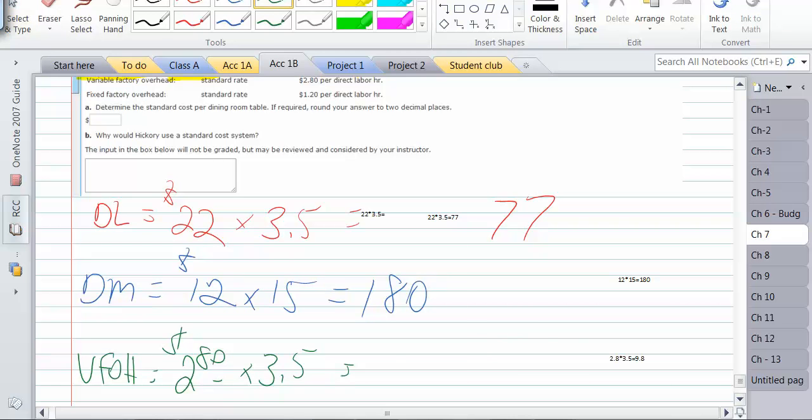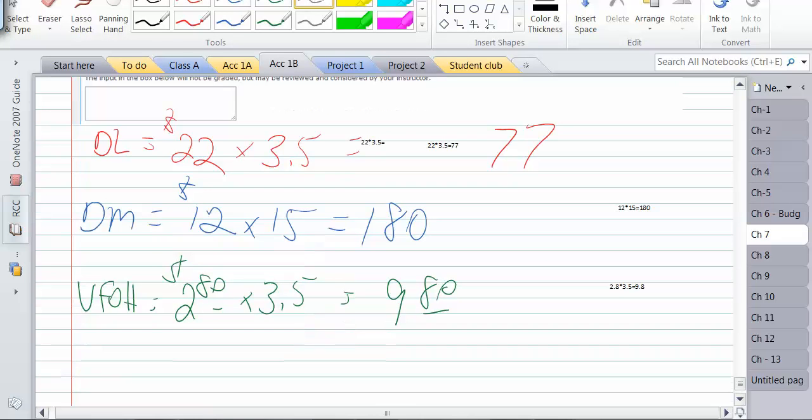That equals $9.80. And our fixed factory overhead is $1.20 per direct labor hour.